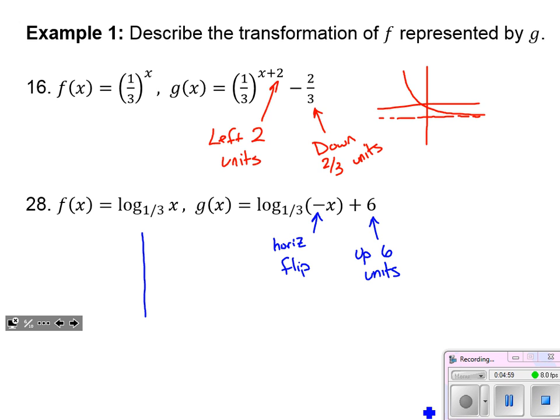So again, if I'm thinking of that graphically, typically a logarithm looks like that. Ours is going to be horizontally flipped and raised up 6 units. So we could expect it to look something like that. And just a very general idea of the shape, but knowing that just by looking at the function is a really, really powerful tool. Helps us out more than we appreciate.